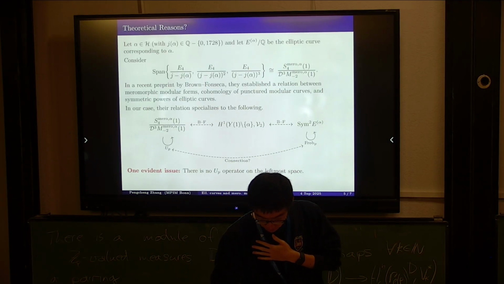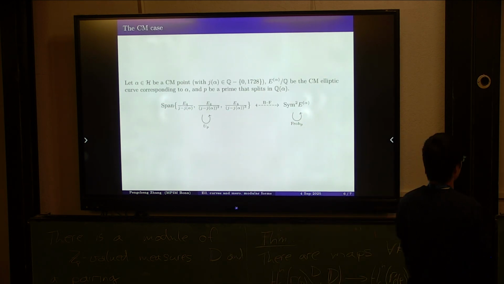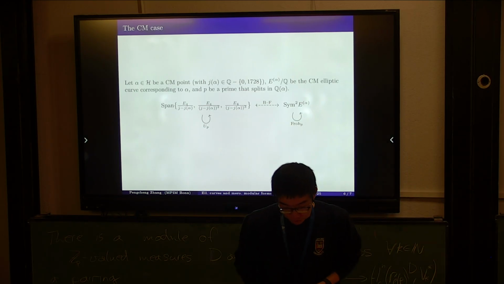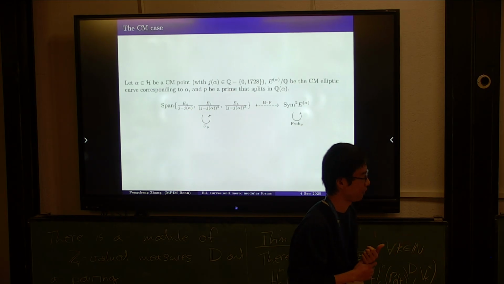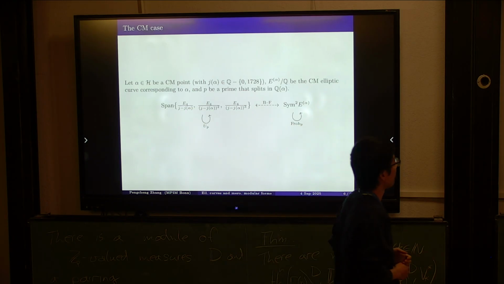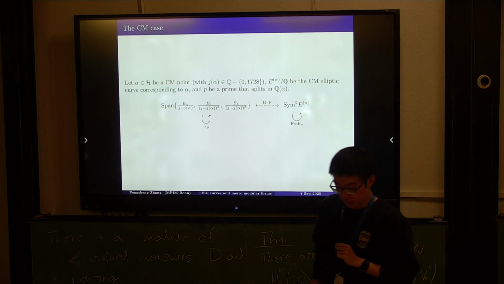Suppose we specialize to the CM case. Let's pick a CM point on the j-plane, so that E_alpha is a CM elliptic curve, and let us pick a prime that splits in this CM field. In particular, this prime should be ordinary. We still have this picture between these two three-dimensional spaces.